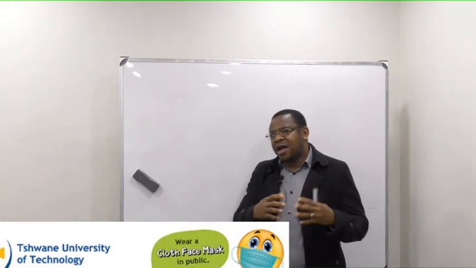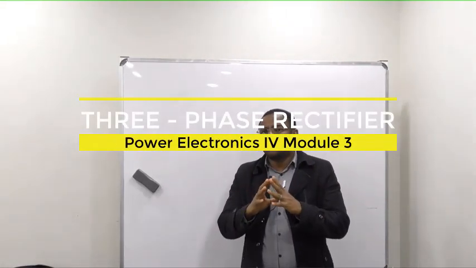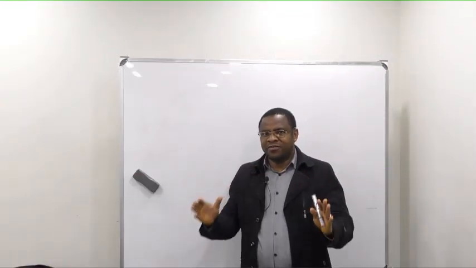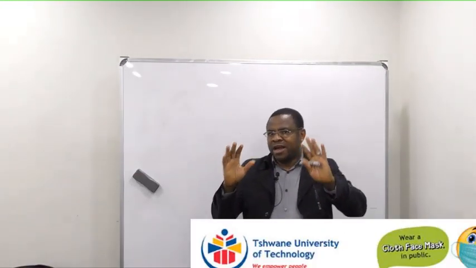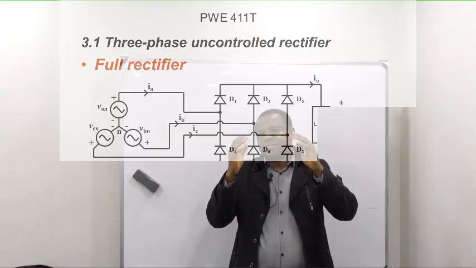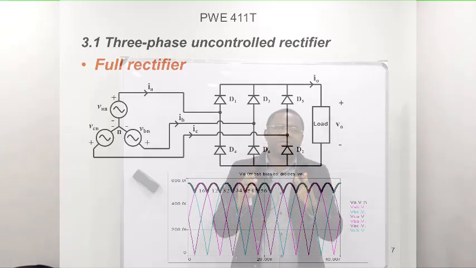Now, last time we dealt with the uncontrolled rectifier, three-phase. In that case, we have the 6 diodes connected just as shown, and from there we were able to see how the output will look.